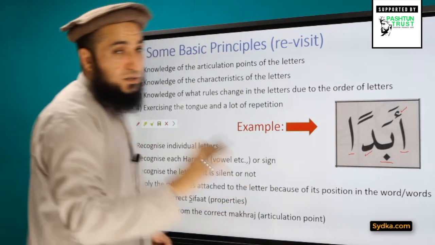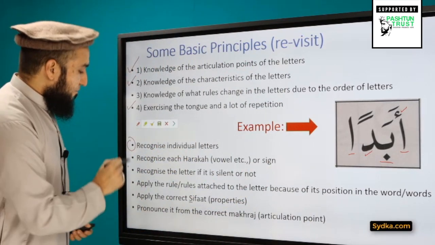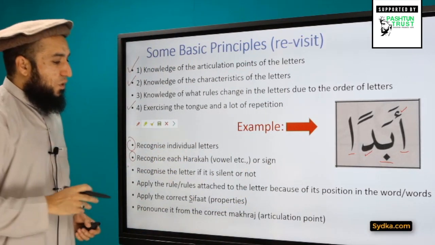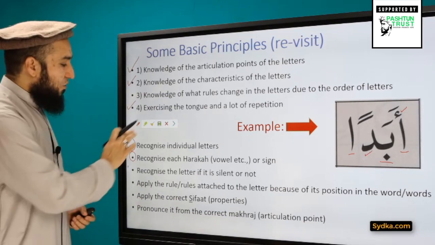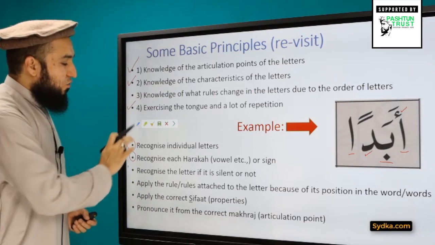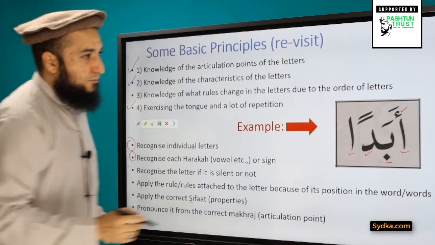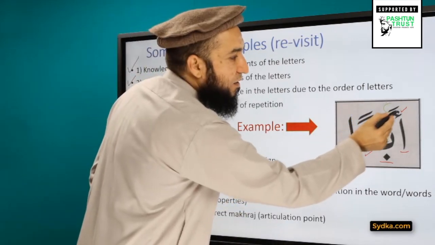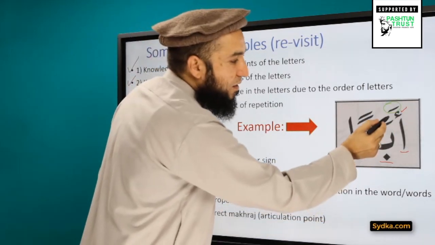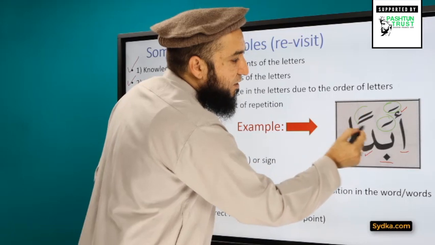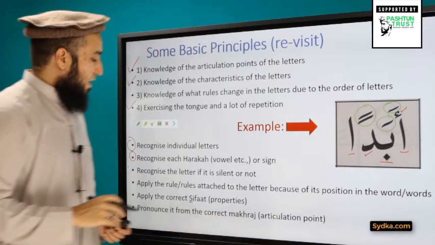So we recognized individual letters, step 1. In step 2, we recognize the harakat that are used. The signs would be here. That's fatha, fatha, fathatain.